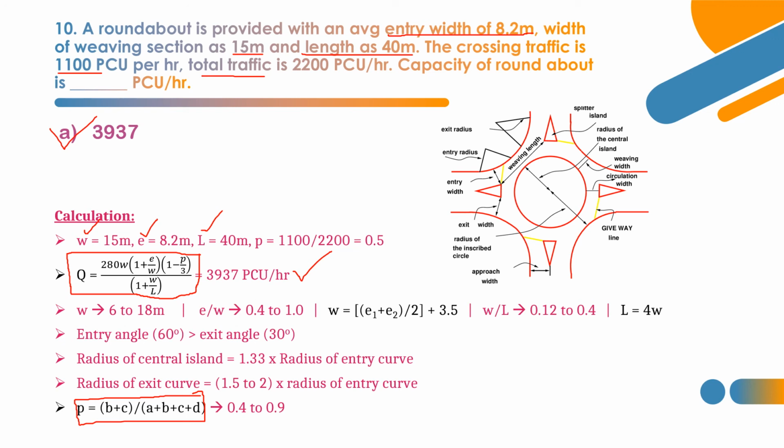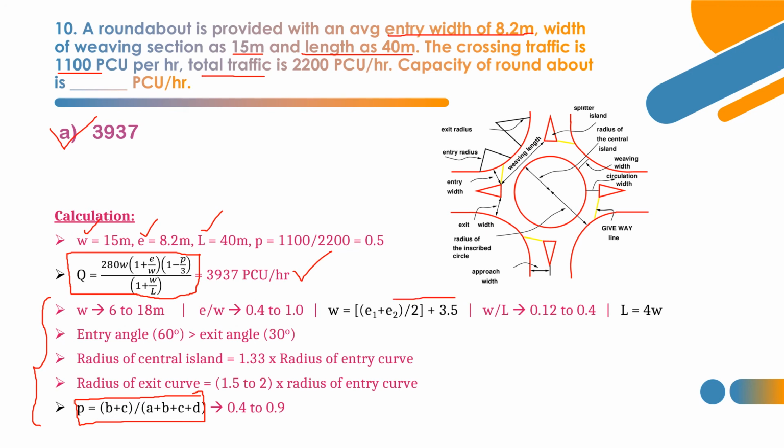So let's see some other important points regarding the rotary intersection. The width of the weaving section shall be around 6 to 18 meters. This is a general assumption. And the E by W ratio shall be 0.4 to 1.0.